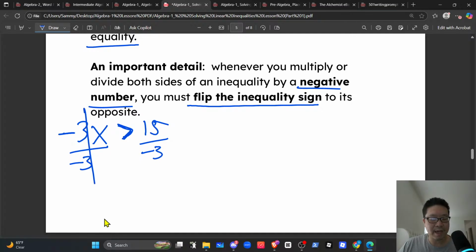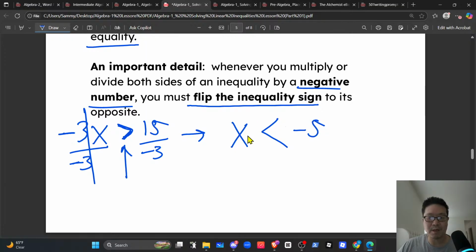The -3's would cancel, and we're just going to be left with x. But notice that we're dividing by -3. Since we're dividing by -3, we have to remember to flip this inequality sign. So that would become a less than, and then 15 divided by -3 would be -5.